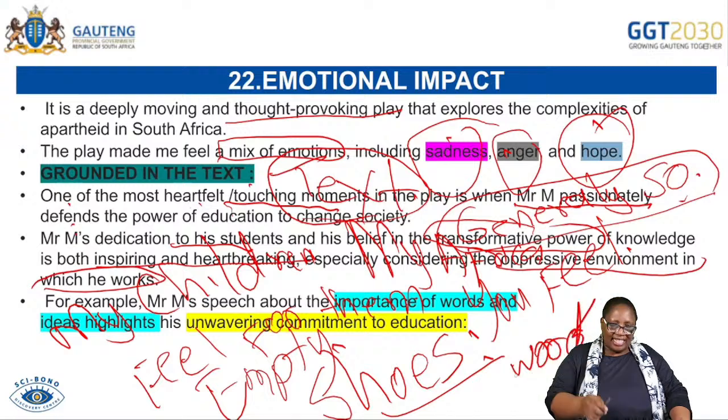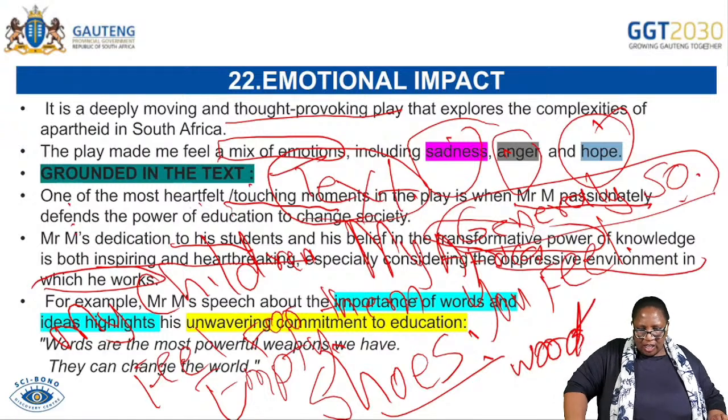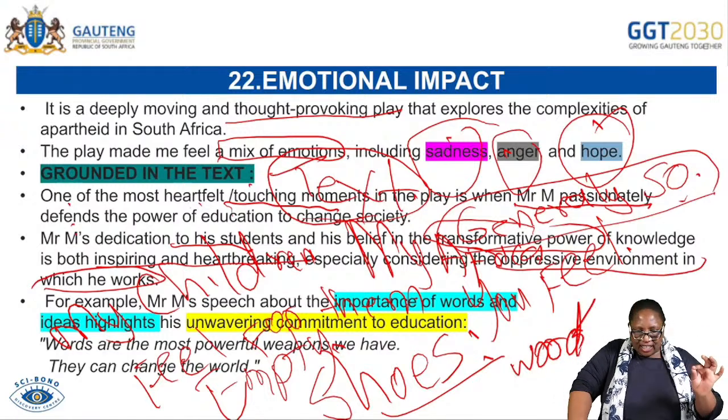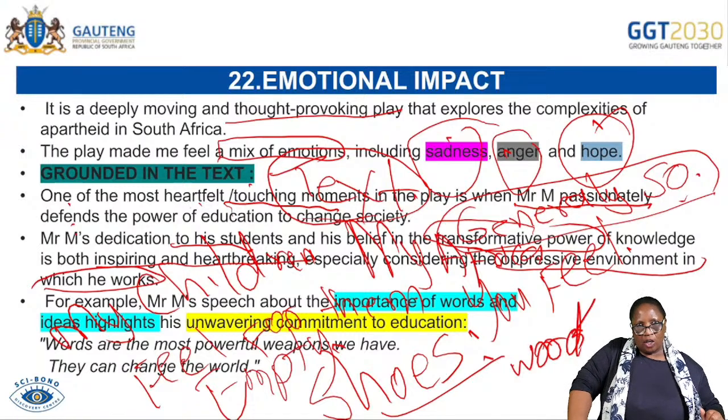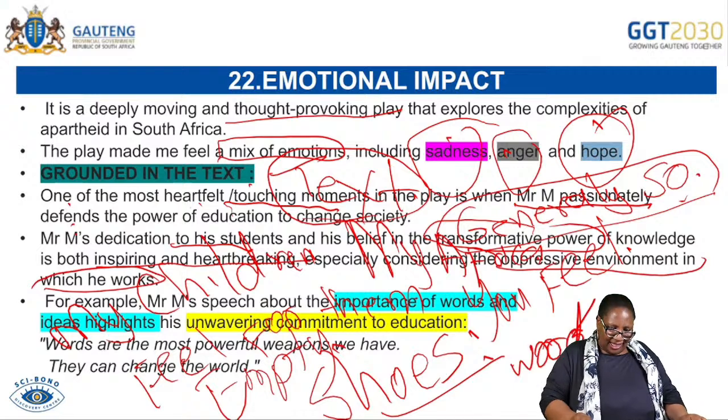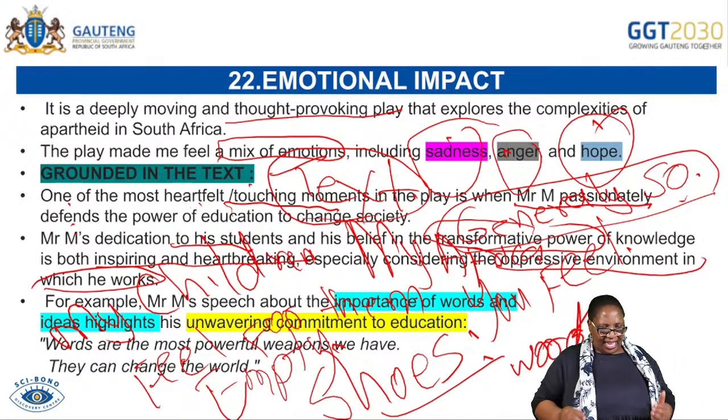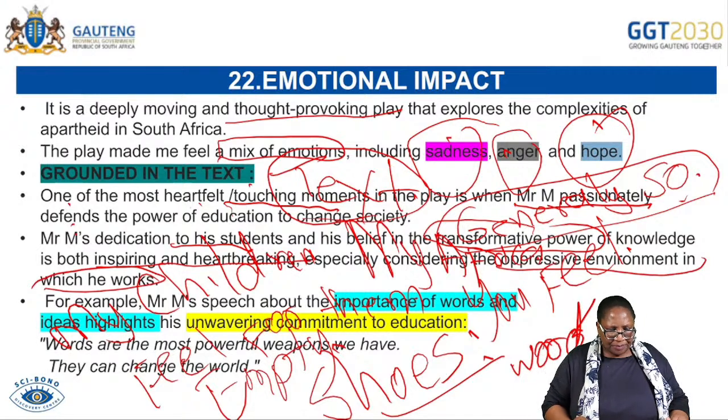When he called Isabel and Tammy to order, when he said, words are the most powerful weapon we have, they can change the world. That's Mr. M. So it is grounded where? In the text. Words are the most powerful weapons we have. They can change the world.